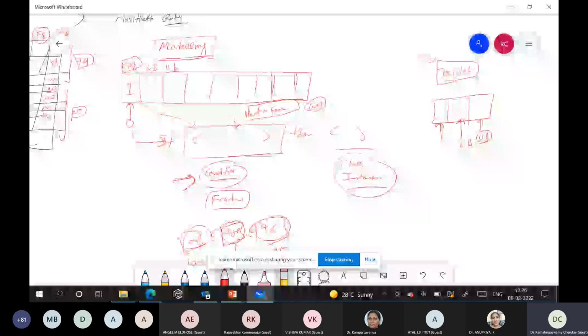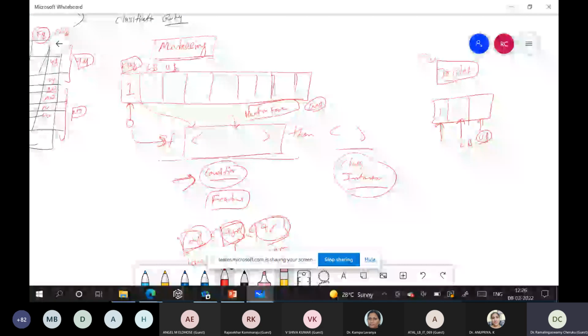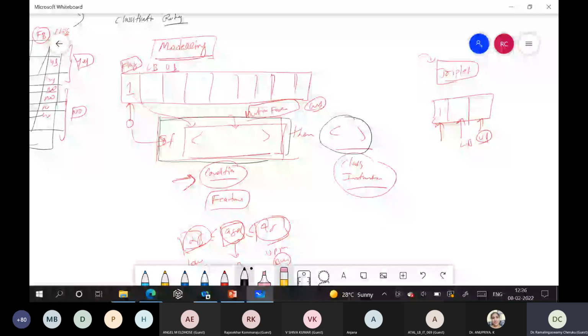Wherever the 1 is present, that feature is taking part in the if condition, and if it's 0, we have to ignore it. Now this is fine. So now we have encoded the if part. So we have done this part. But what about this? The class label information, class information.